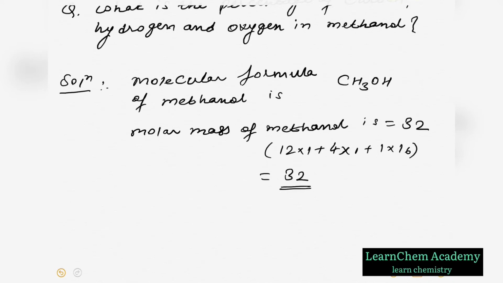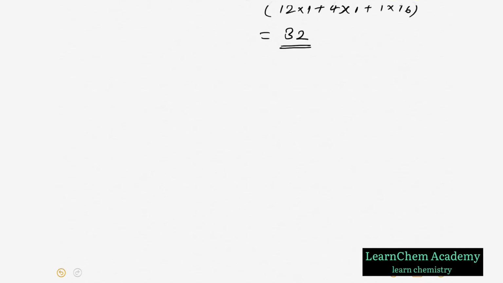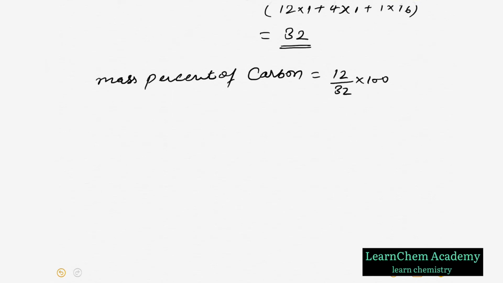So let's take them one by one. Very first, the mass percent of carbon will be 12 by 32 into 100, so we get 37.5% of carbon.